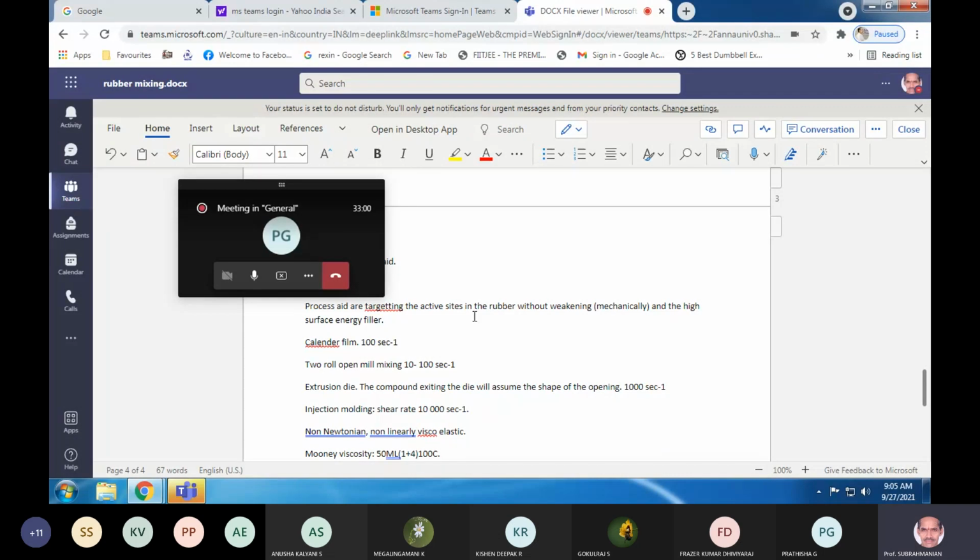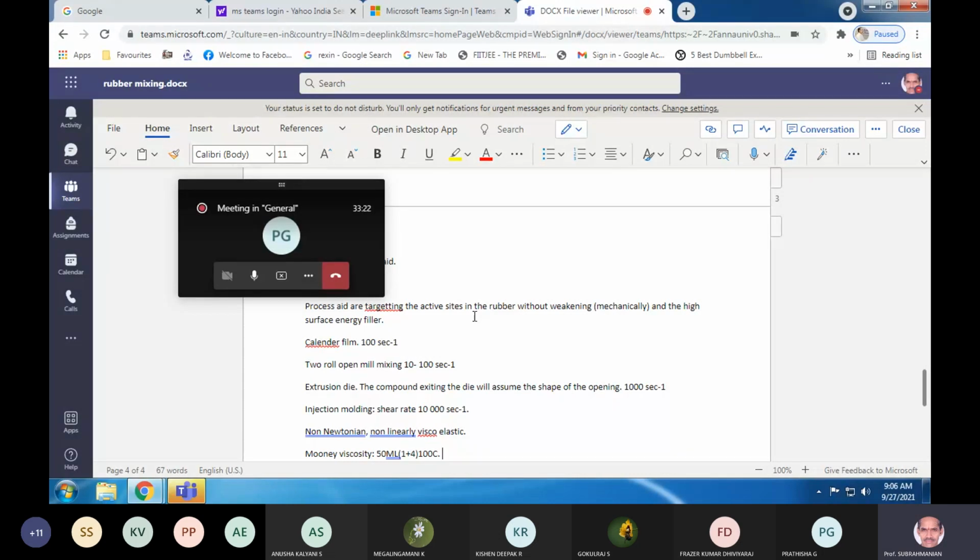So friends, this describes one of the parameters of the raw rubber, whether it is NR or a synthetic rubber: viscosity, in addition to the other functionality.